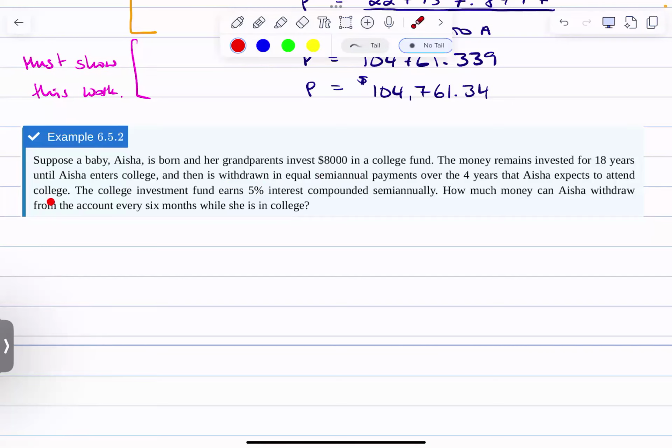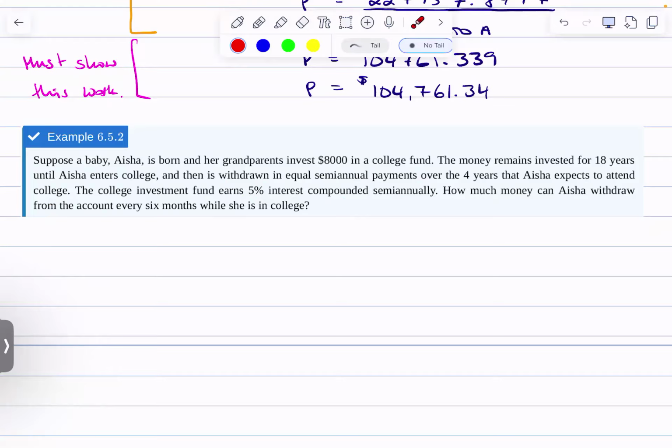Should probably make that 5. The college investment fund earns 5% interest compounded semi-annually. How much money can Aisha withdraw from the account every 6 months while she is in college?